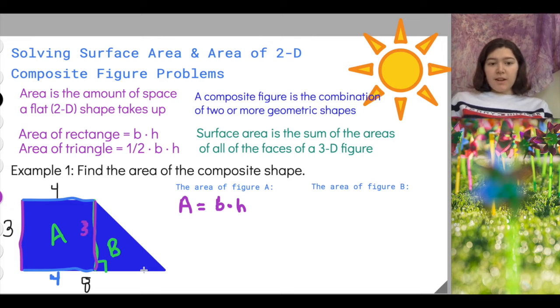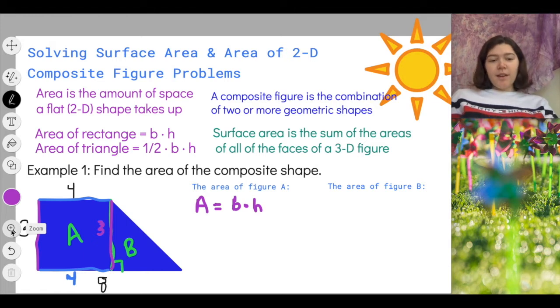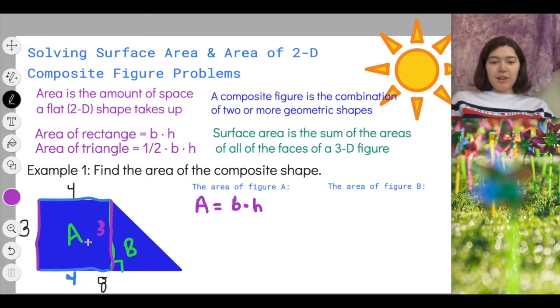Okay? So when I go try to find base times height, I have side lengths, I have a base of 4 and a height of 3. Or it doesn't really matter. That's something that I think students get tripped up with that isn't that important. Height is normally what we think of as up and down, but if you switch the order, it doesn't matter, right? So we need to multiply 3 times 4.